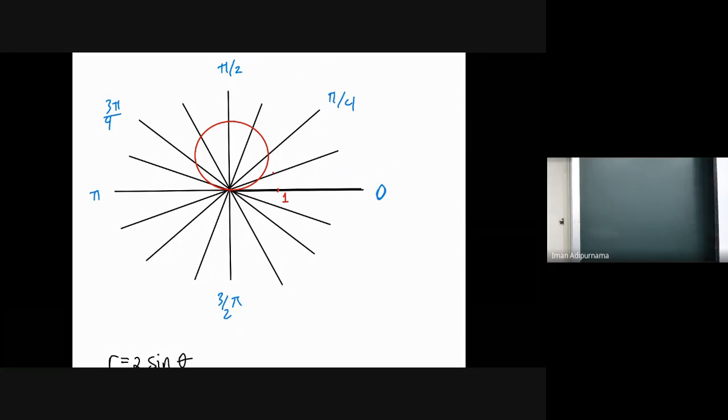Sine 45 is half square root of 2, multiplied by 2 it's square root of 2, because this is r equals 2 sine theta.